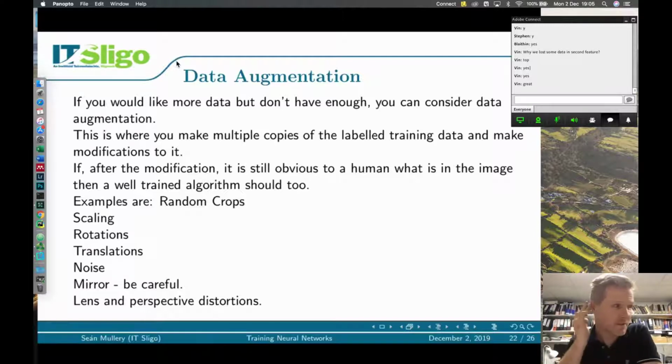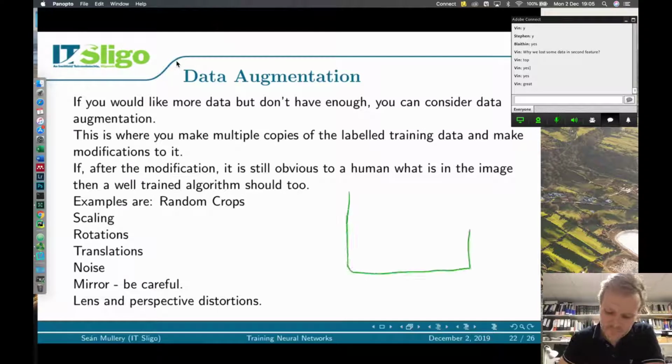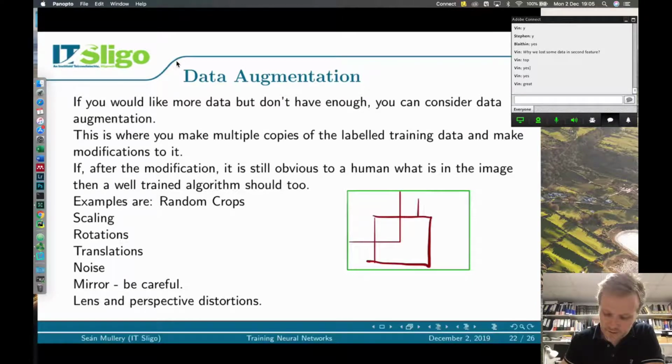Some examples of things that you can do are random crops. If you have an image like this and you decide to do different random crops of that image, maybe one there and another one there and another one there, these different random crops are fine as long as they still hold the data.